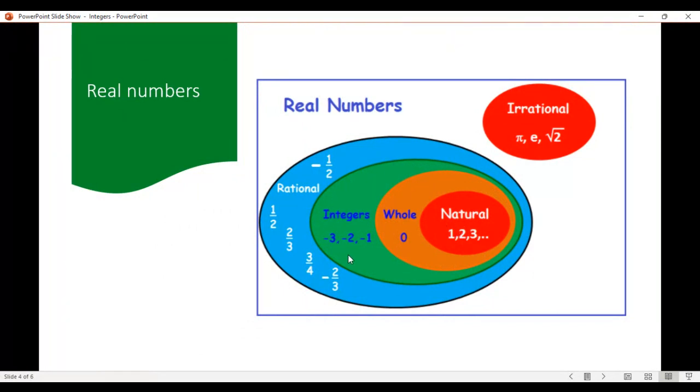And then when we look at the green oval, we will see negative numbers, 0, as well as positive numbers are included in the set of integers. Then we get our rational numbers, and that includes all the fractions as well as the negatives, 0 and positives. And then our irrational numbers, together they form part of the real numbers.